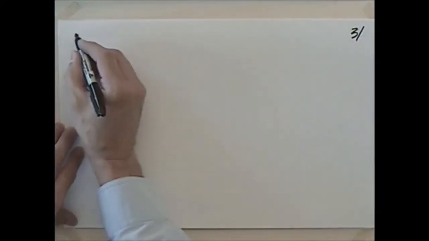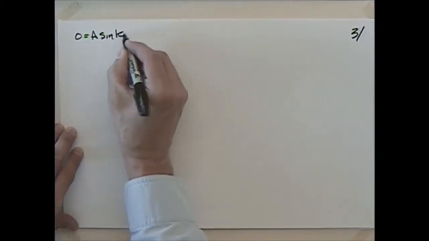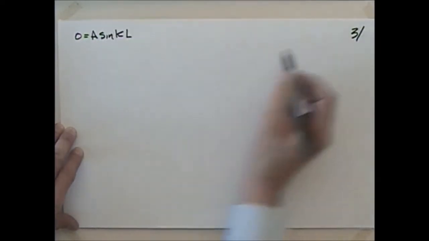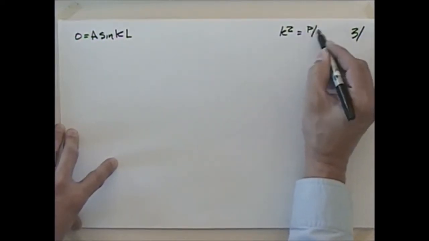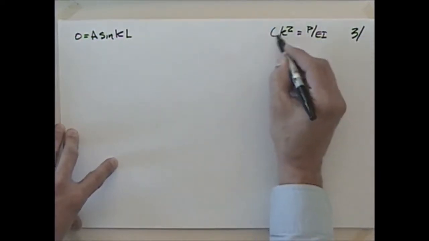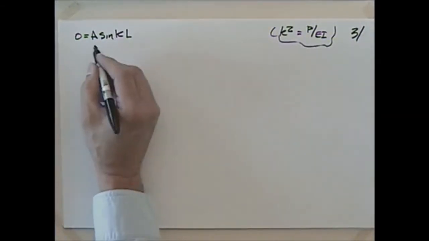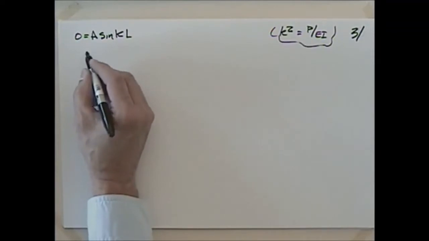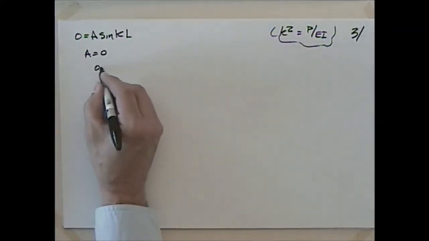So we said that 0 was equal to A times the sine of KL. And I also wanted to remember that K squared was equal to P divided by EI. Well, looking at this, this has a couple solutions, a couple ways to make that equal to 0. I could say that A is equal to 0. That wouldn't be particularly interesting.